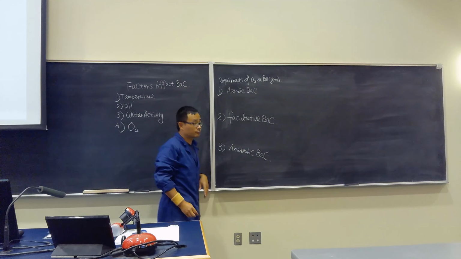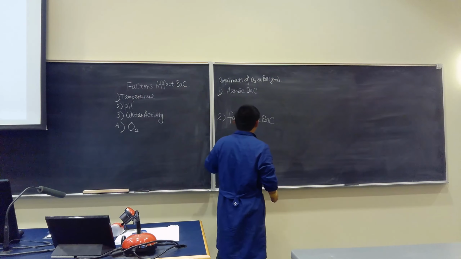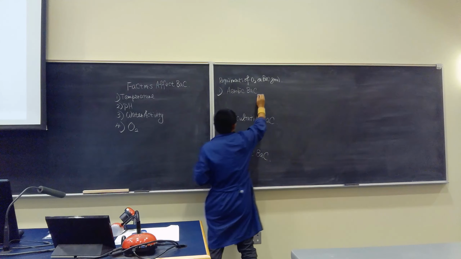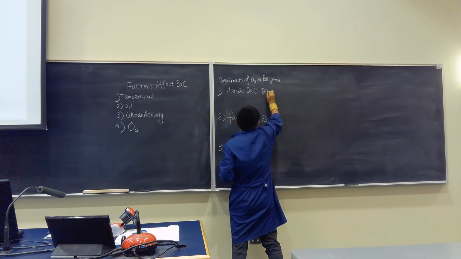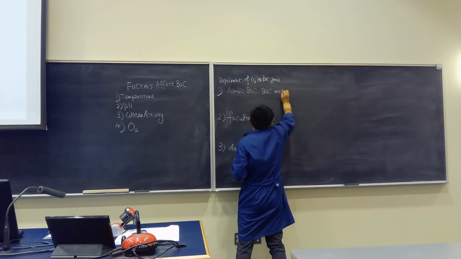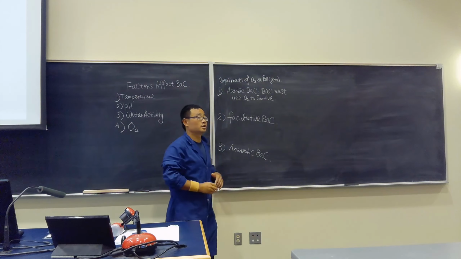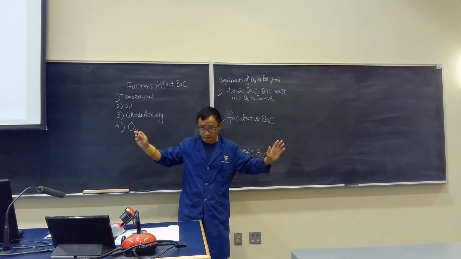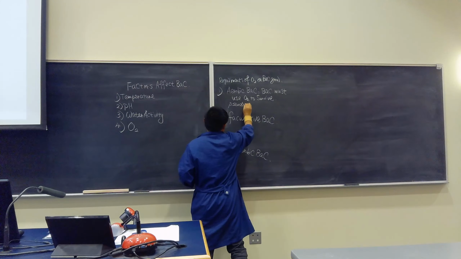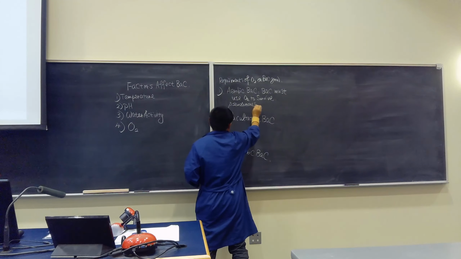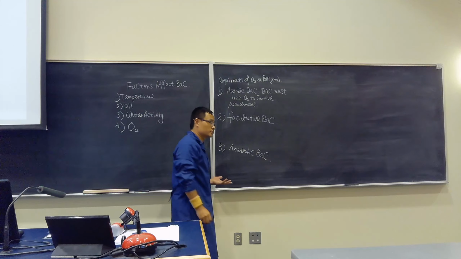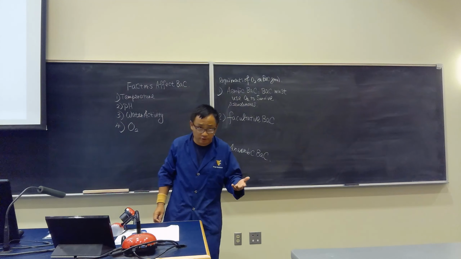One is aerobic bacteria, which means a bacterium must use oxygen to survive. Without oxygen, it will die. A good example will be Pseudomonas aeruginosa, Pseudomonas fluorescens, a spoilage bacteria.